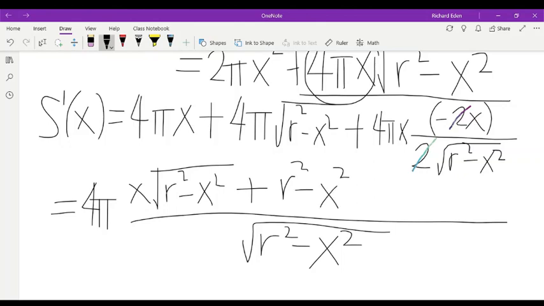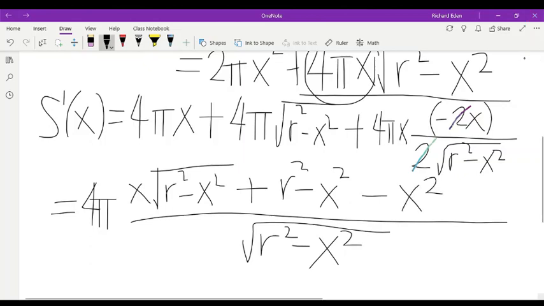And then followed by, this time it's going to be minus. 4 pi has been taken out. You still have x squared in the numerator. That's what's going to be left. It's just minus x squared now. All right.